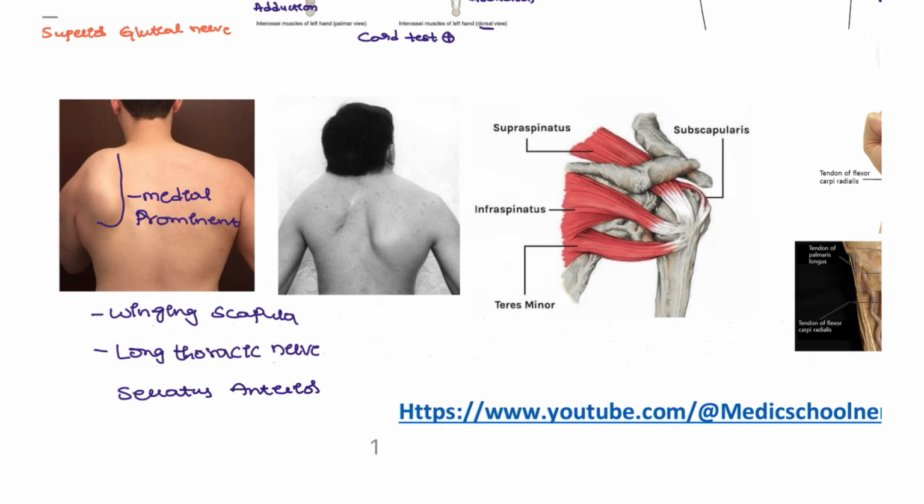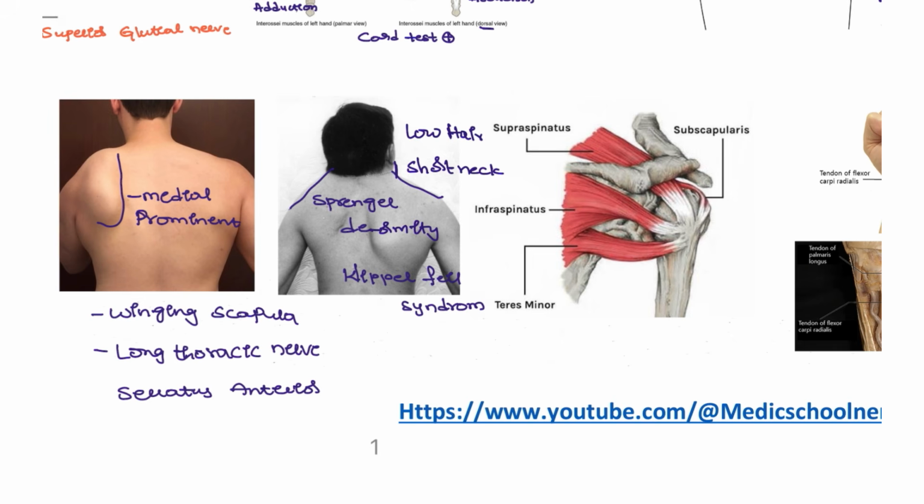And another condition that you can see is known as Klippel-Feil syndrome. What is this Klippel-Feil syndrome? Here you can see the patient has a Sprengel deformity, and also the neck is short with a low hairline.